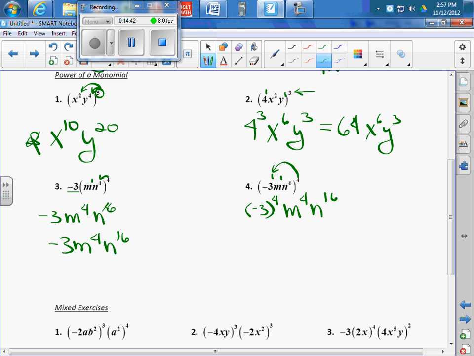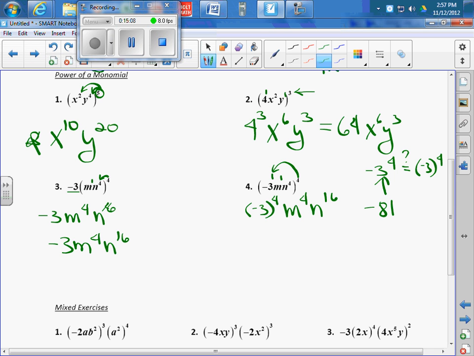Now there's a difference between negative 3 raised to the fourth power and negative 3 in parentheses raised to the fourth power. Are these two things equal to each other? No. If you were to plug the negative 3 to the fourth power into your calculator without using parentheses, you would come up with negative 81.